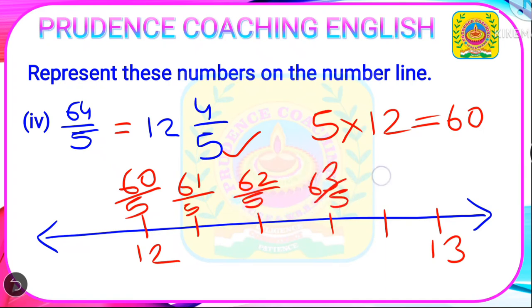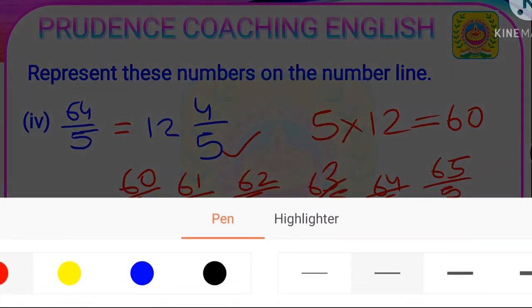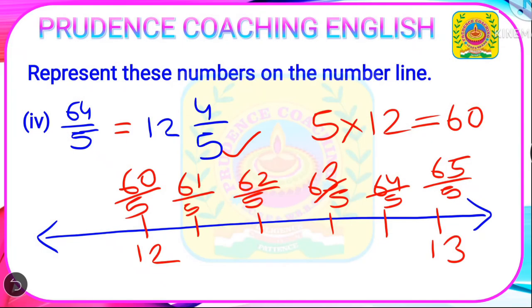Next one will be 64 by 5. And lastly 65 by 5. We know 5 into 13 is 65. So here our answer, or the representation of 64 by 5, is this particular point.